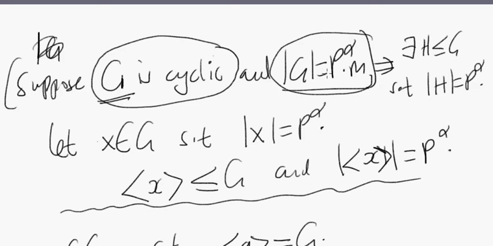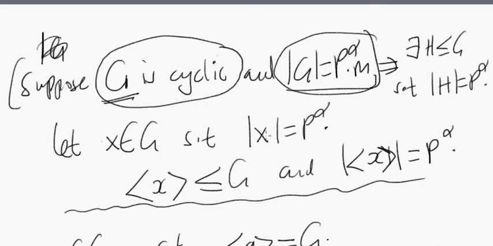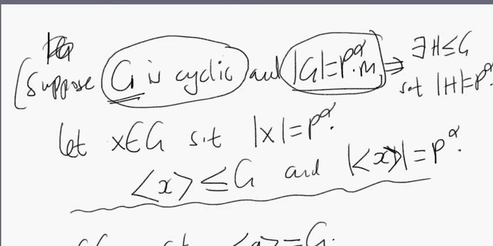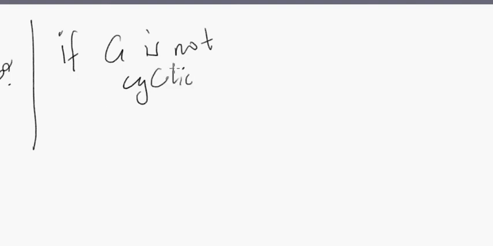Rather now, the question is this: do we want to explore the consequences of just being cyclic? Let's see. So let's say this instead. Suppose we now prove the following, that if G is not cyclic and the order of G equals p to the alpha times m, then there exists some H subgroup of G such that the order of H equals p to the alpha.